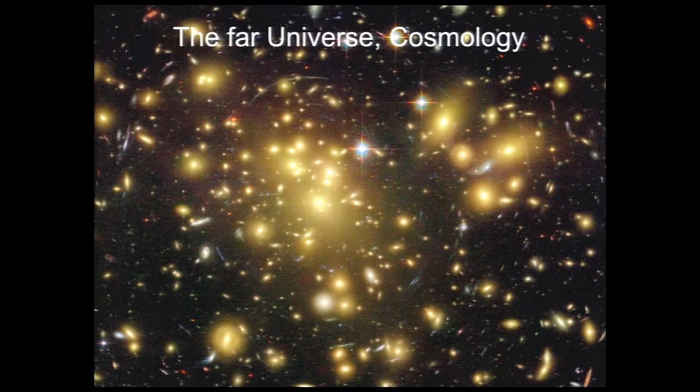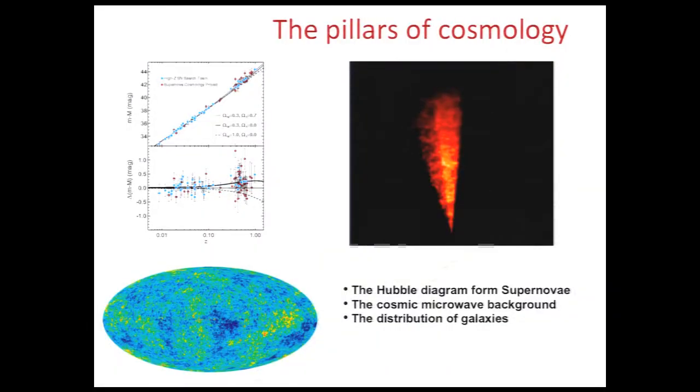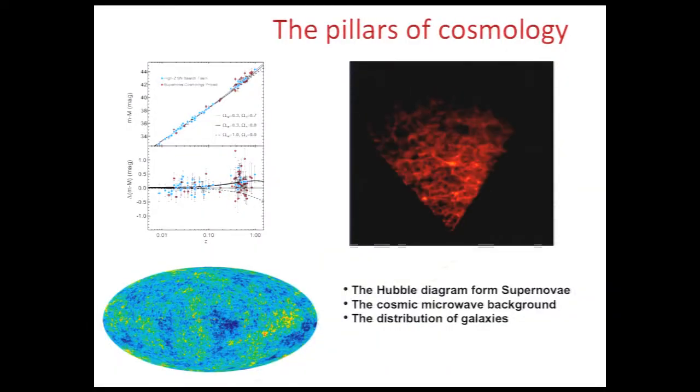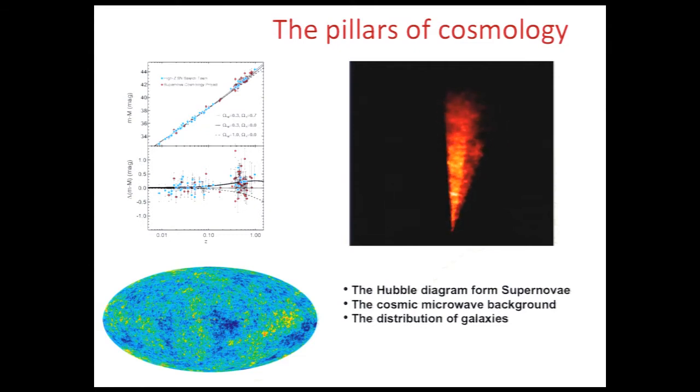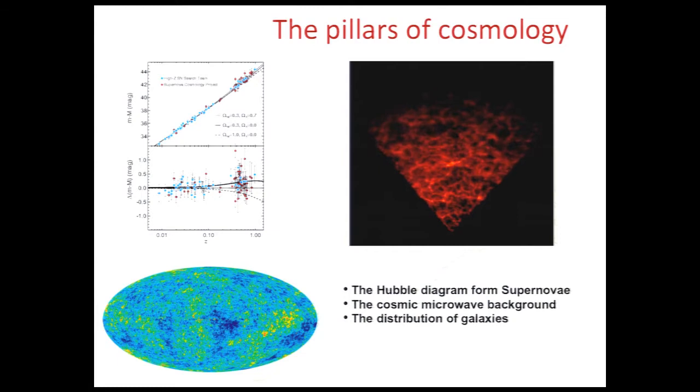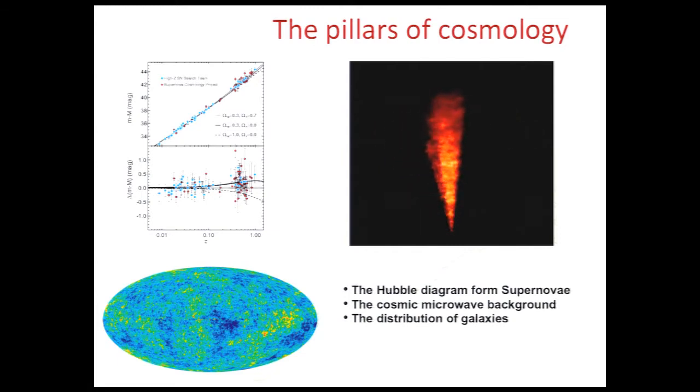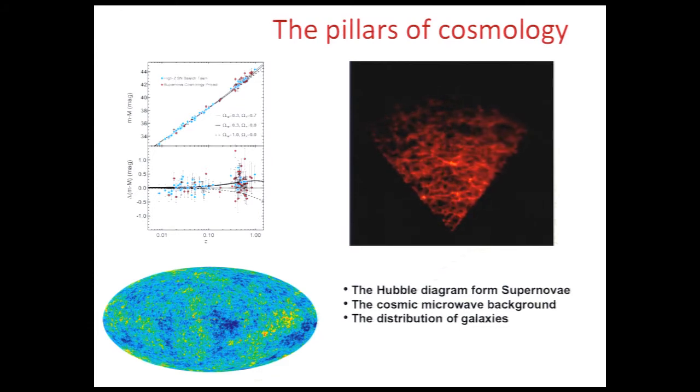Let me just go to the further universe and the cosmology, that is also a very important and driving science case for extremely large telescopes. Today, our understanding of how the universe has evolved is based mainly on three pillars. The Hubble diagram for supernovae that shows that the expansion of the universe is now accelerating.